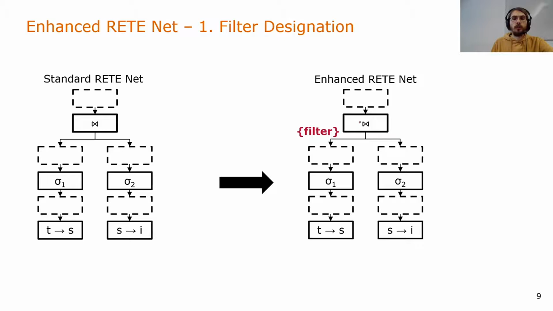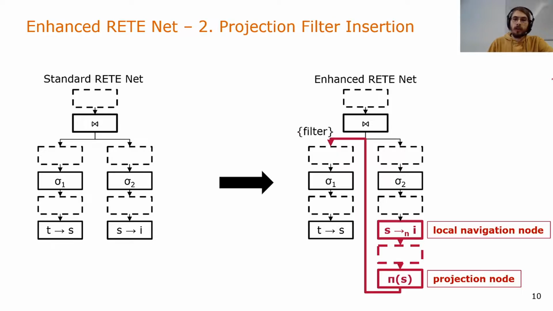So for instance, if we don't have a compatible intermediate result for some tuple in the right part of the join, in the left part, then that tuple in the right part effectively doesn't contribute to computing any overall result and is somehow superfluous. So in the first step of our Rete net enhancement, we analyze an existing Rete net and for each of its joins designate one of its sides as the filter side.